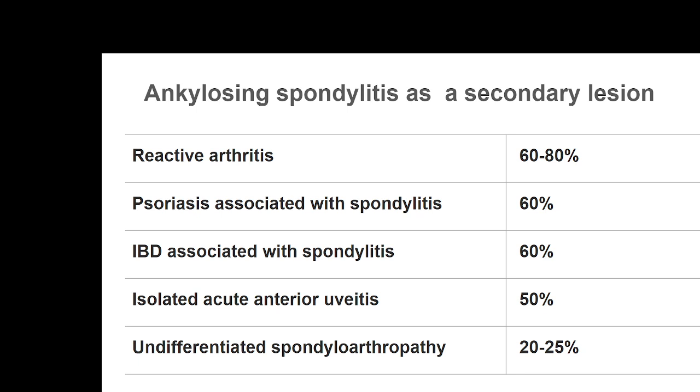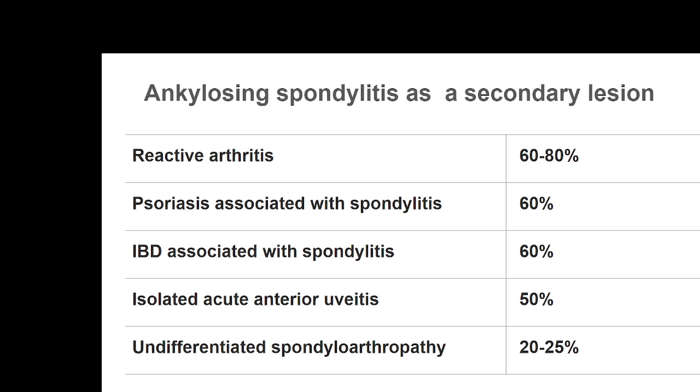Psoriasis is accompanied by spondylitis in around 60% of the patients. There again, the primary pathology could be psoriasis. Patients with colonic pathology, particularly IBD or ulcerative colitis, also develop spondylitis quite frequently. And there again, when it comes to the assessment as well as the management, these primary conditions have to be considered.